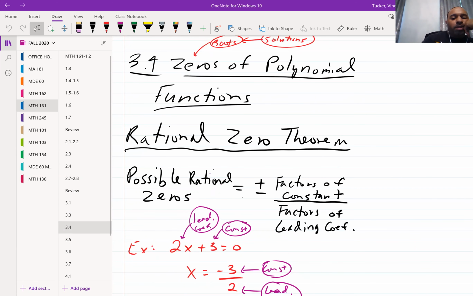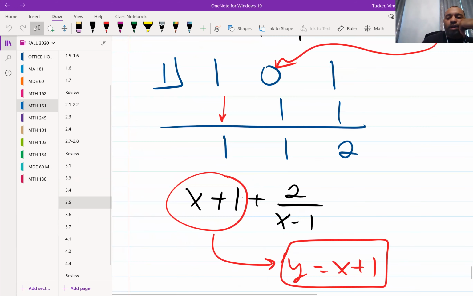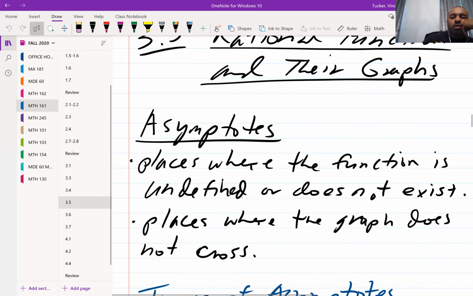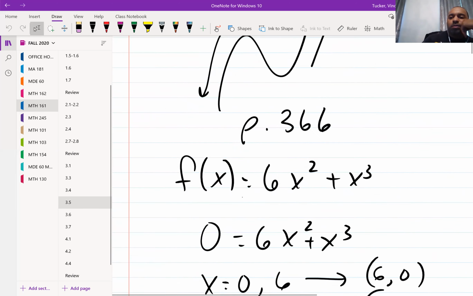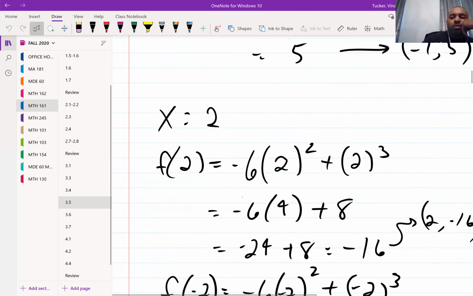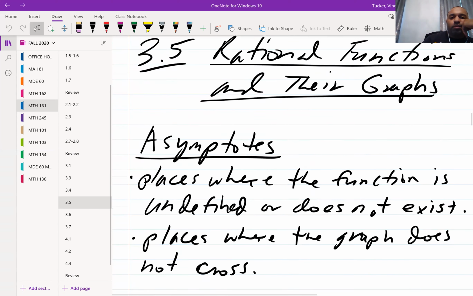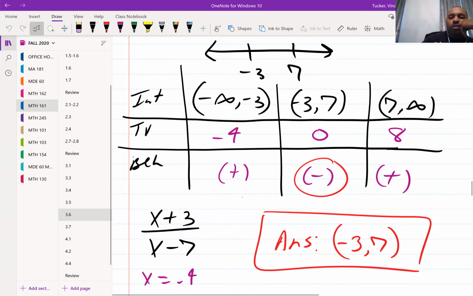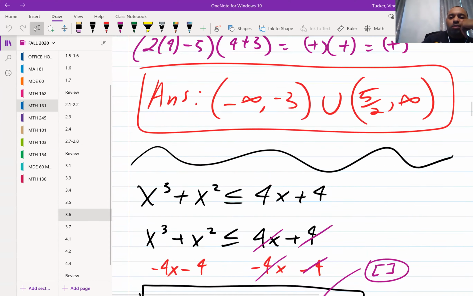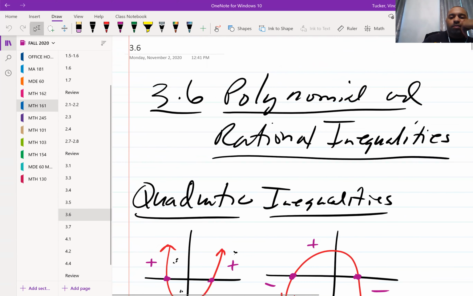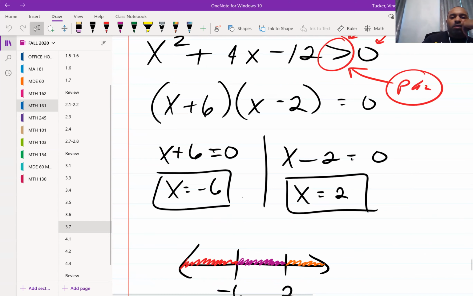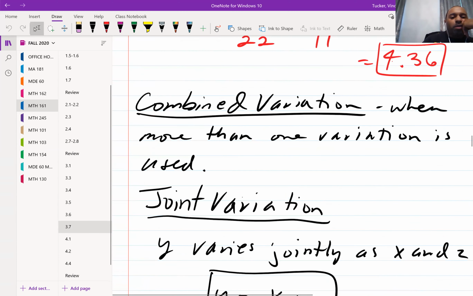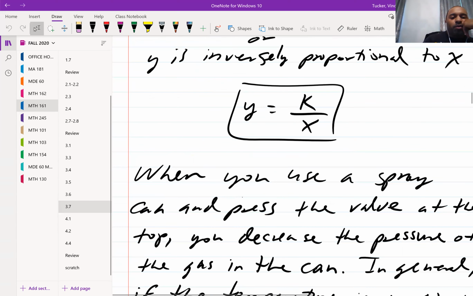Hold on, let me map this thing out. So we have 3.4, 3.5, 3.6, 3.7, okay, 4.